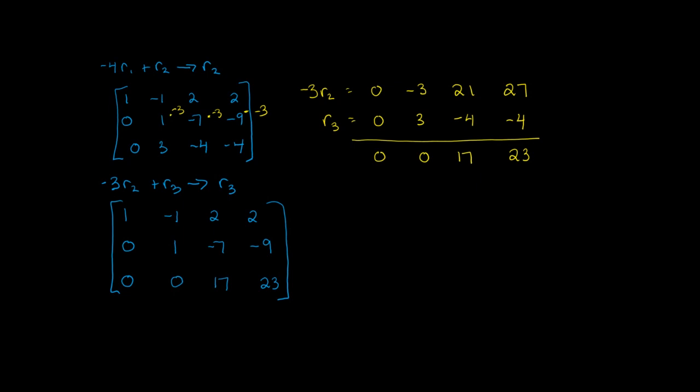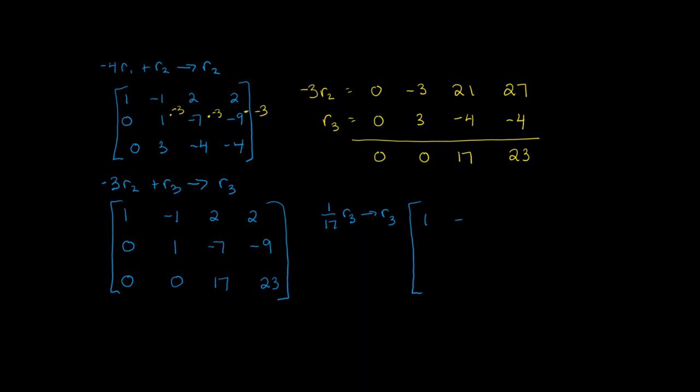So now our second column is the way that we want it. Now to finish row echelon form, we need that 17 to become a 1. So we basically need to multiply the third row by 1 over 17, and then replace that third row with the results. And again, we're going to get some fractions here.